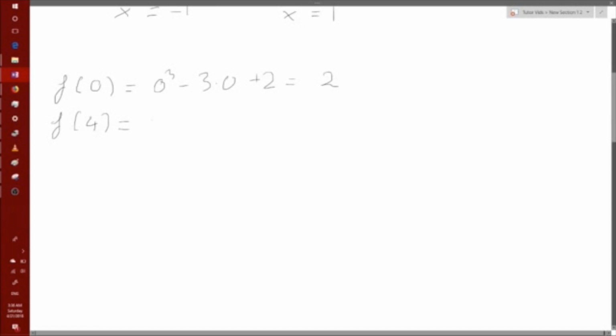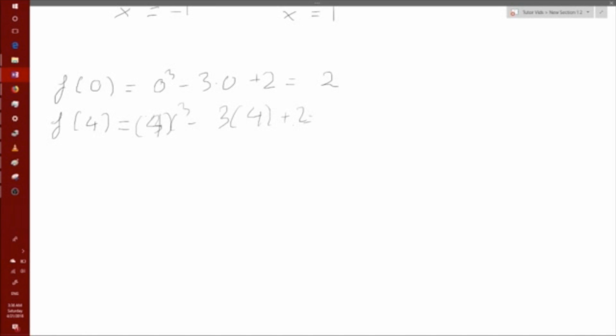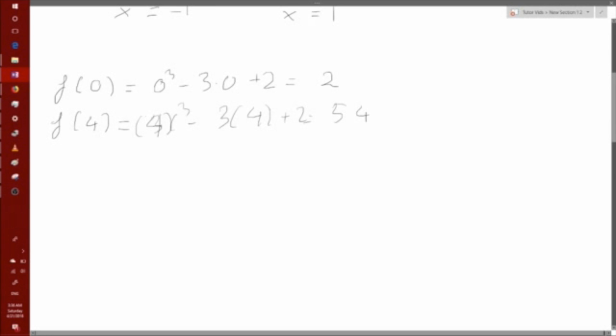So we get 4 cubed minus 3 times 4 plus 2. That would be 54.